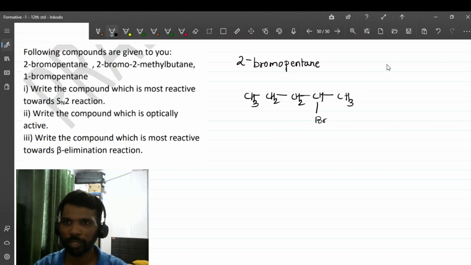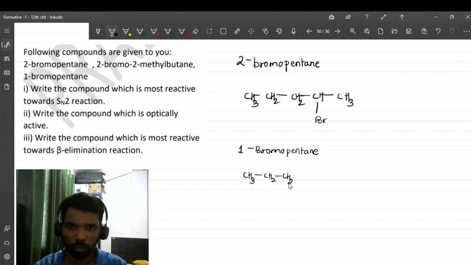Second structure is 1-bromopentane. I'll write it here. This is what 1-bromopentane looks like.